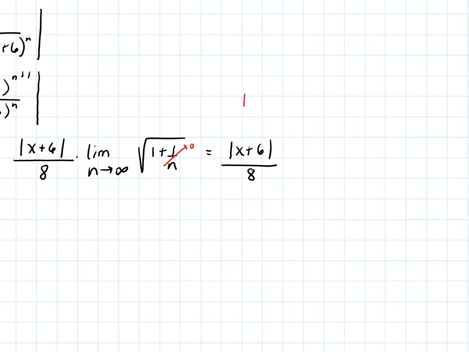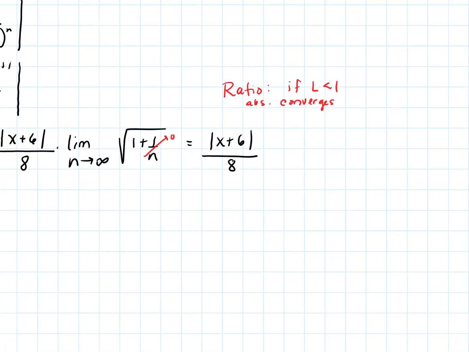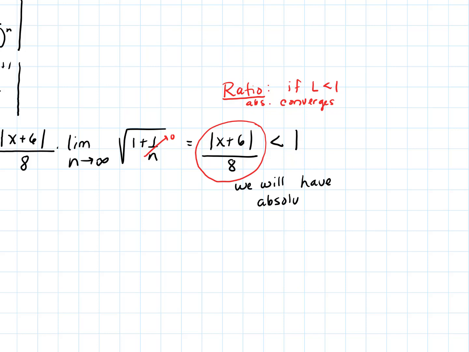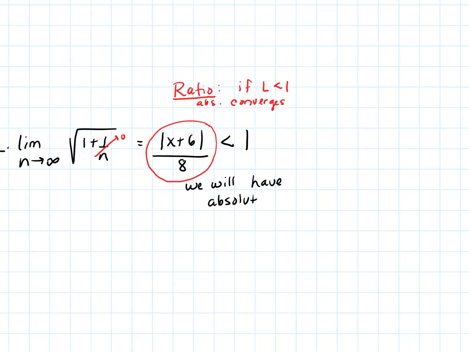Now, remember what the ratio test says. The ratio test says that if this limit is less than 1, we have convergence. It's actually absolute convergence. So this limit that we just found, if it is less than 1, we will have convergence. Remember, our whole goal here is to figure out what values of x will give us convergence.